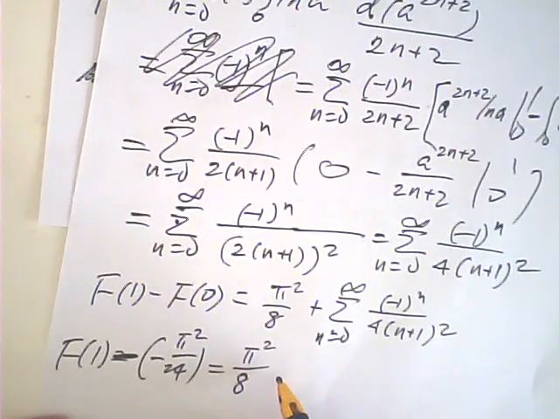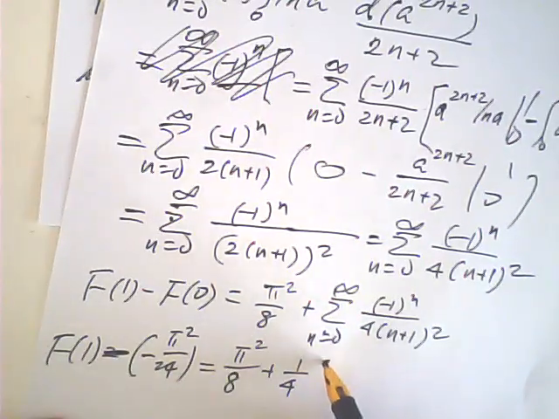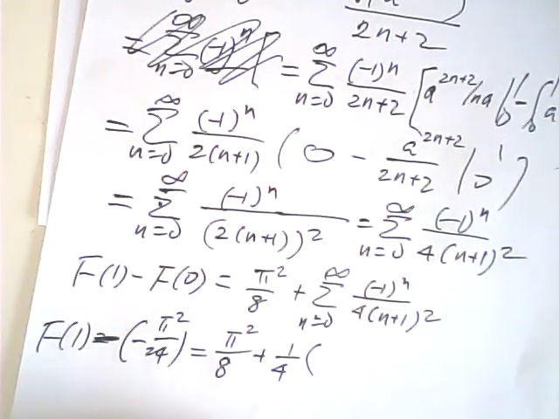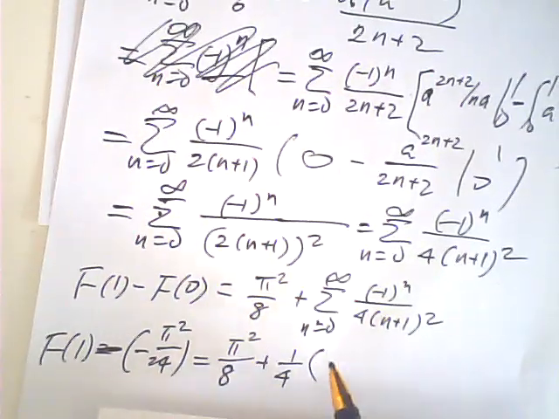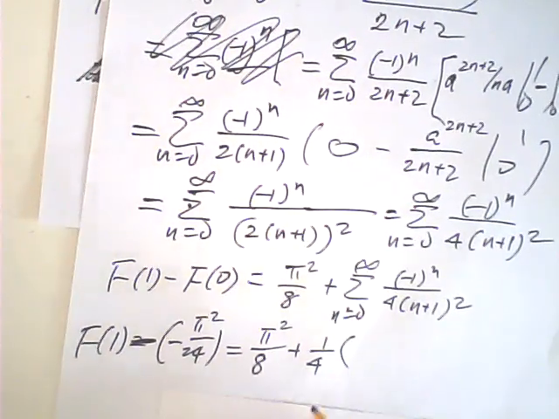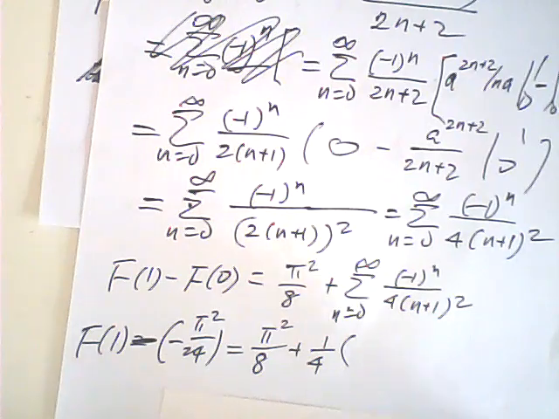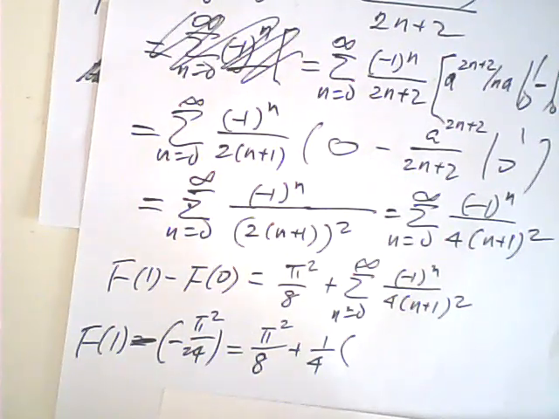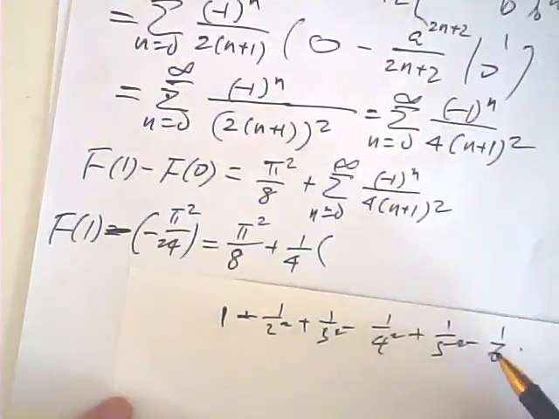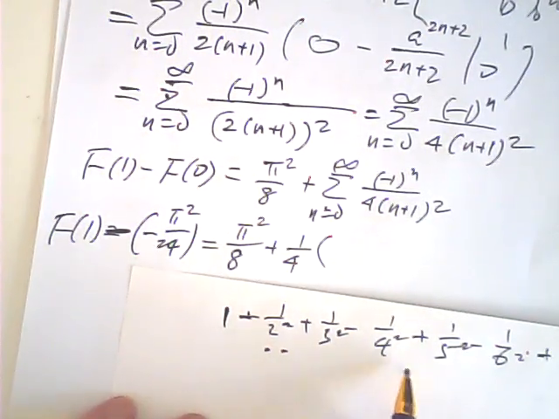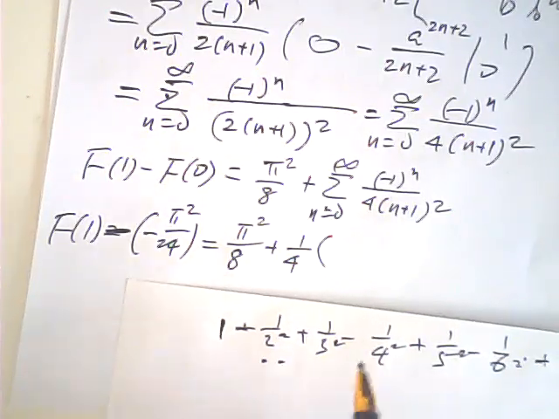For this one, I take 1/4 out, right? So let me work out. This one is 1 minus 1 over 2 squared, plus 1 over 3 squared, minus, and so on. Every even number squared is negative, odd is positive. That is this one.